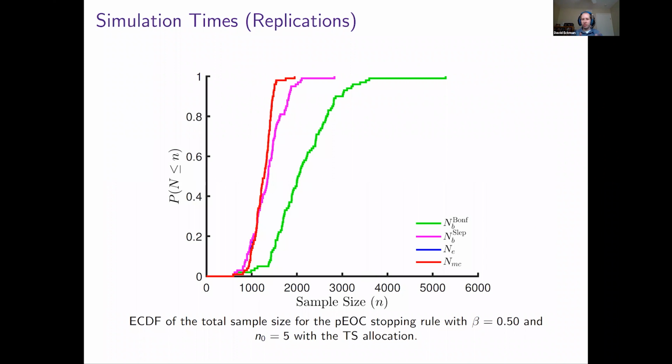So the blue curve that's hidden behind the red one is showing the sample sizes from exactly checking posterior EOC every iteration, where the Monte Carlo pre-check one is shown in red. And the positive result here is that the Monte Carlo pre-checking is essentially stopping at the same time as the exact one. But we know that it's not going to be computing the double integral every time.